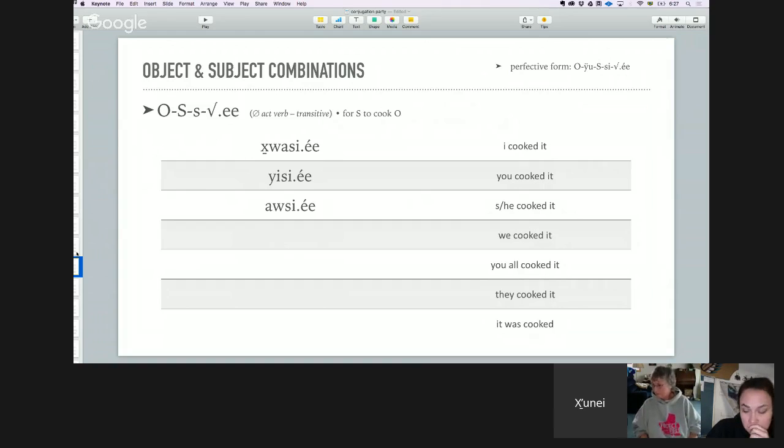Hasank, we cooked it. Tusei, okay. Kuwuch, y'all cooked it there in Yakutat. Yisai. Yi sei, okay. Sisala, they cooked it in Yakutat.